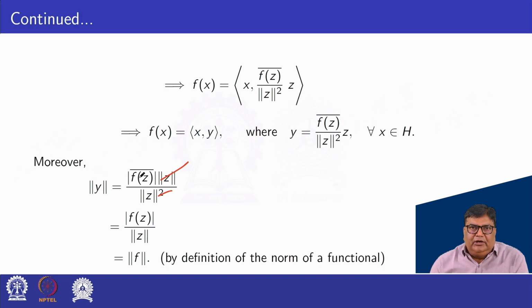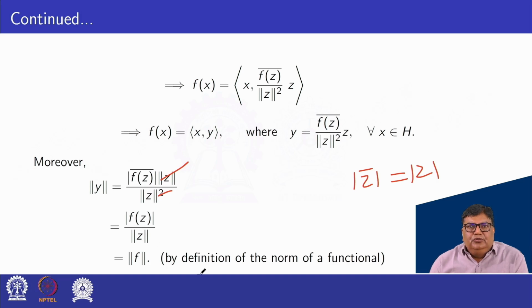Here, the conjugate complex of f(z): we know that mod z bar is equal to mod z. So using this property, we have this one.